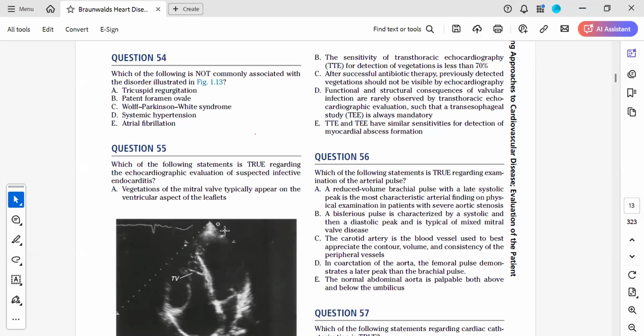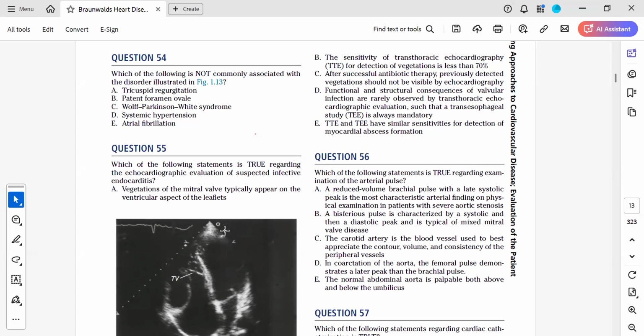And usually, like was mentioned in our previous discussion, the abnormal pulsus paradoxus is actually detected while the BP is being measured.